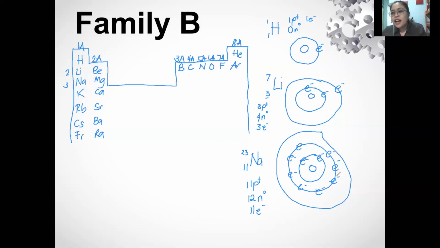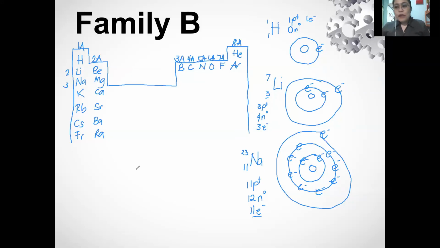It has 8 electrons in the second shell. So, how many are left? 8 plus 2 here in the first, so we have 10. And this is 11. Therefore, on the outermost shell of sodium, you only have 1 electron. This is now what you call the valence electron. That is the reason why sodium belongs to group 1A, because it has one valence electron.